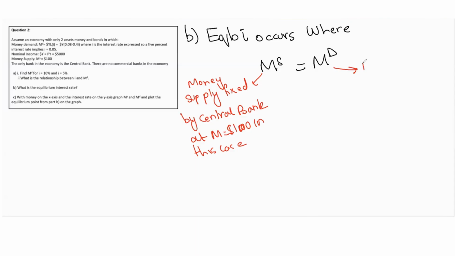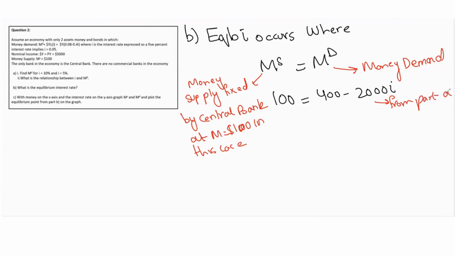And MD represents money demand. So equilibrium interest rate occurs where money supply, which is $100, is equal to money demand. From part A, we simplify this as 100 equals 400 minus 2000i. From here, we can make i the subject, and i turns out to be equal to 0.15, or 15%. So now moving on to part 3, in which we want to draw the money market equilibrium diagram.